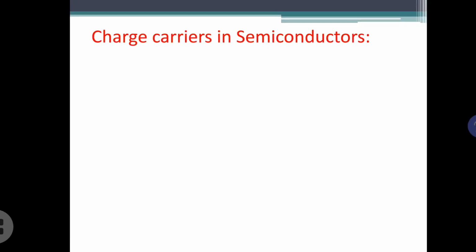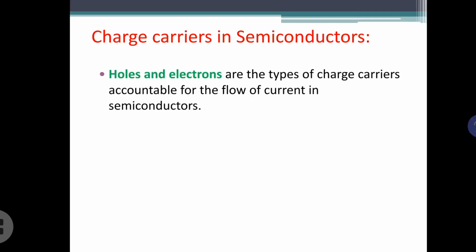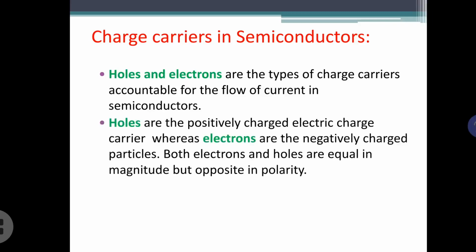Next, we have to discuss the charge carriers in semiconductors. We know in metals the charge carriers are electrons, negatively charged electrons. But in semiconductors, in addition to electrons, we have one more carrier, that is holes. So holes as well as electrons are the types of charge carriers responsible for the flow of current in semiconductors. So what are these holes, and how are they produced?